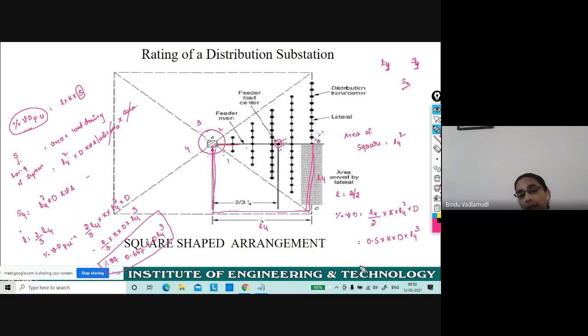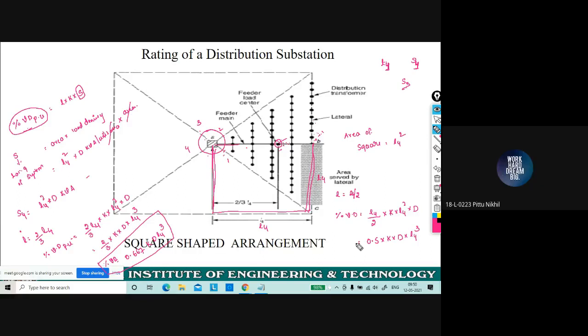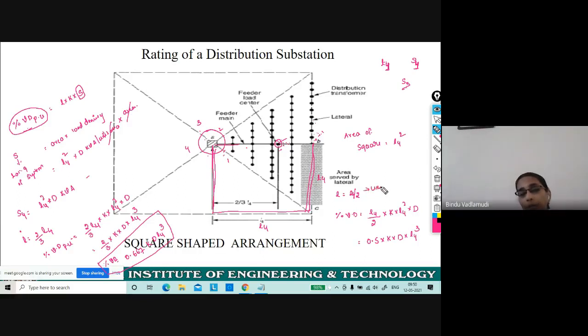This is the voltage drop when the loading is uniformly distributed. Is it clear?